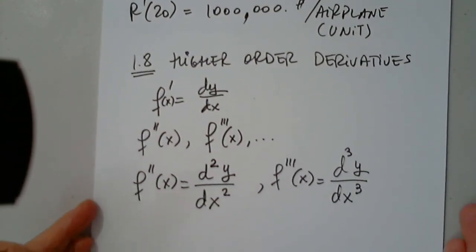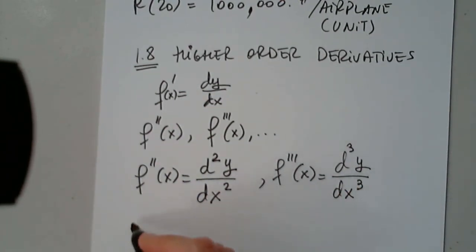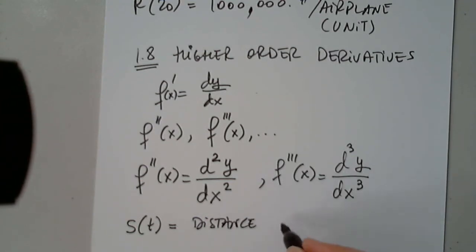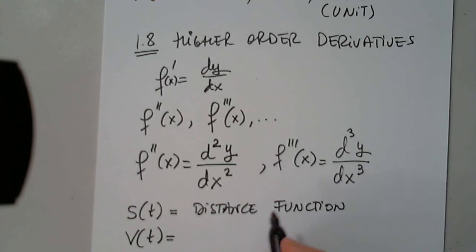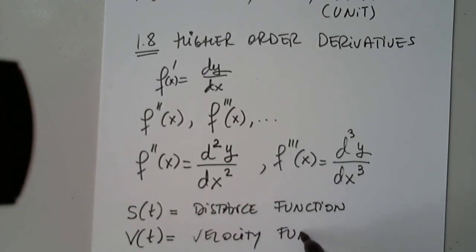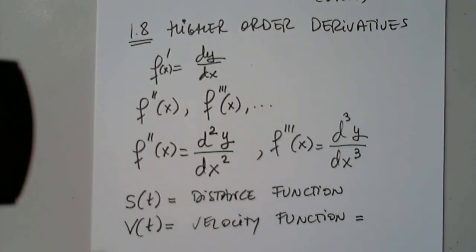When will I apply something like this? For example, if I have the distance function, what if I want to find the velocity function? How do I find it?